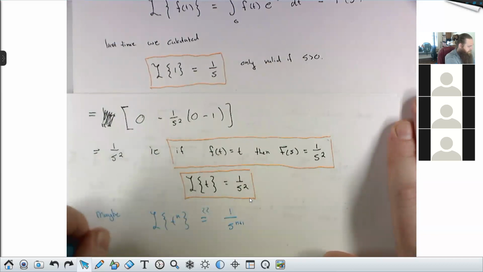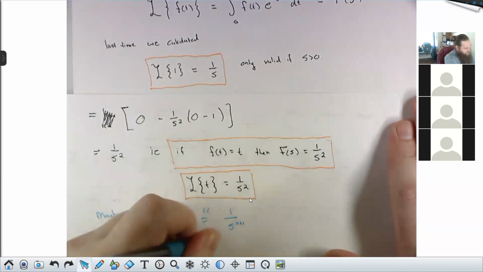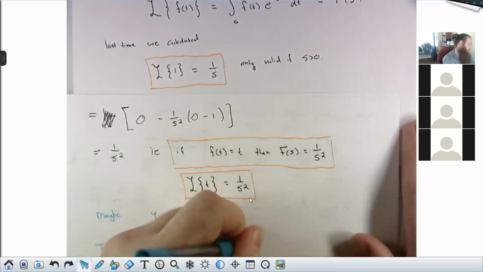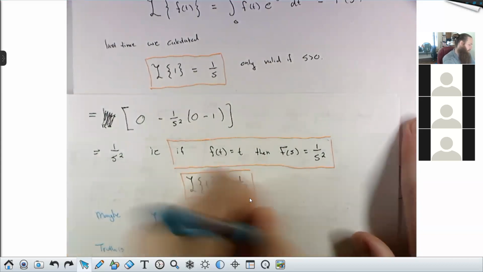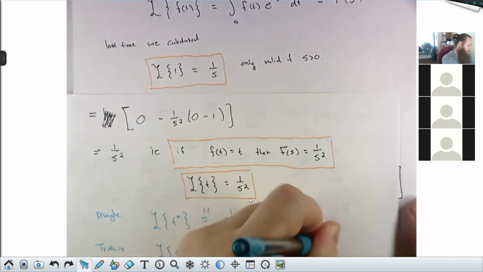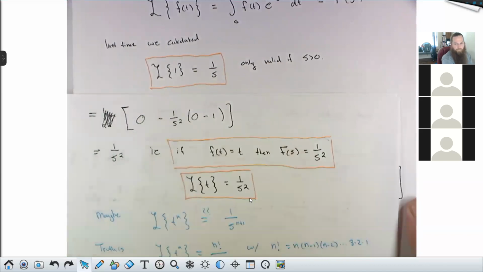So the truth is that L of t to the n is n factorial over s to the n plus 1, where n factorial, you all remember, I'm sure, is n times n minus 1 times n minus 2, all the way down to 3 times 2 times 1.